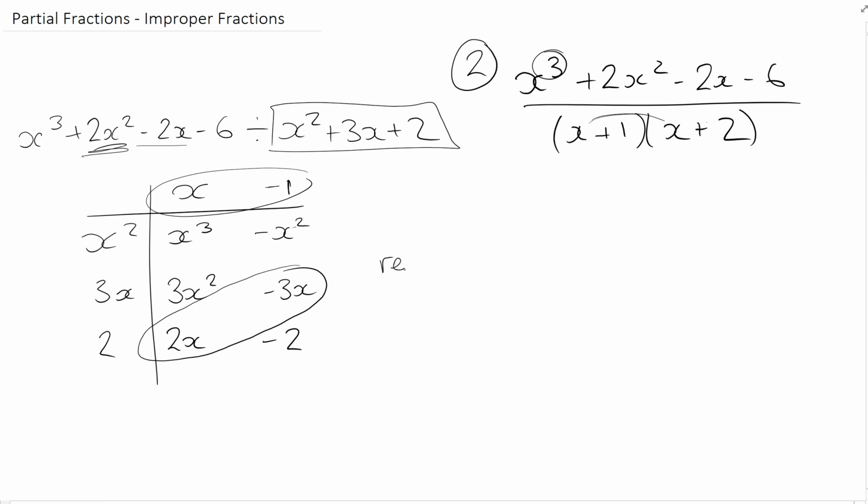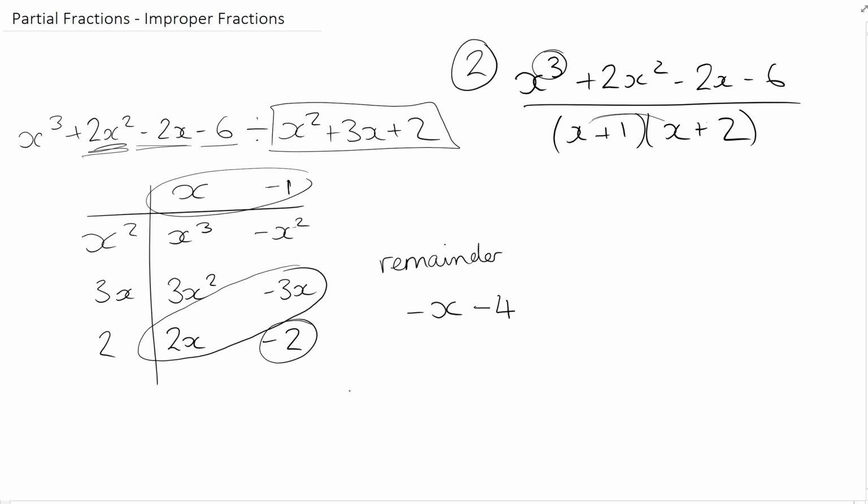So my remainder is a further minus x. Because if I've got 2x minus 3x and minus x, I get minus 2x. I'm also at minus 2 here, and I want minus 6, so a further subtraction of 4 is required. So my remainder and my division are sorted.